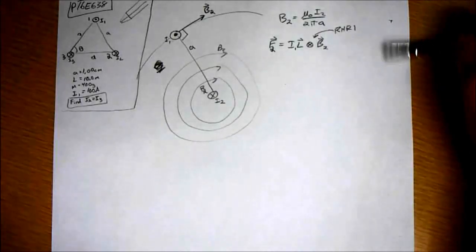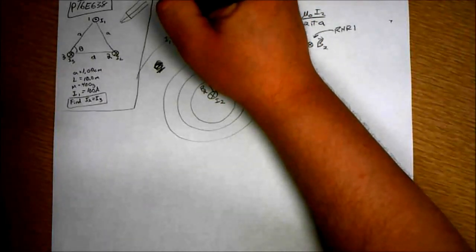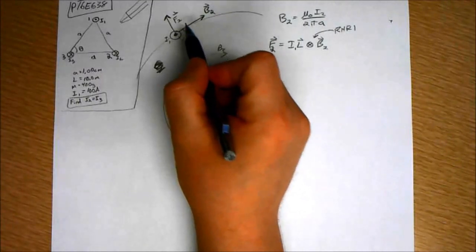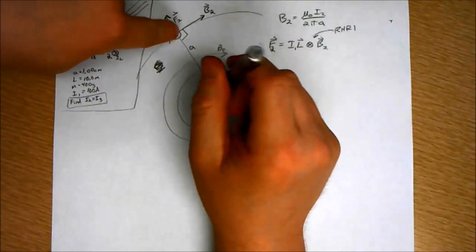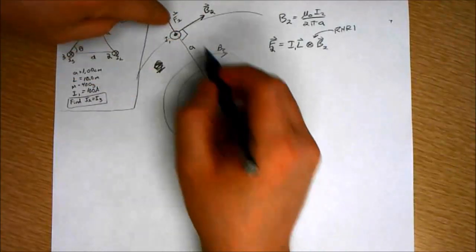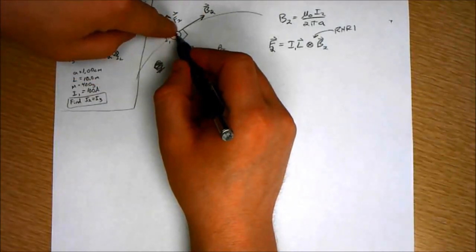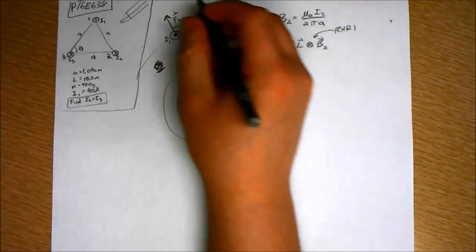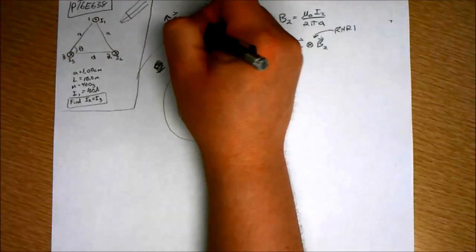So the force points this direction. Which is what we talked about in class. When you have two wires with currents in opposite direction, they repel each other. So that line of force goes directly along the line of separation between the two wires. So there's a 90-degree angle here, and there's a 90-degree angle here.